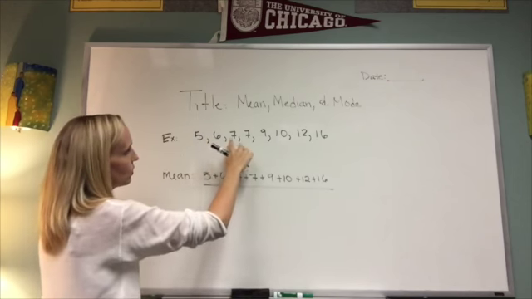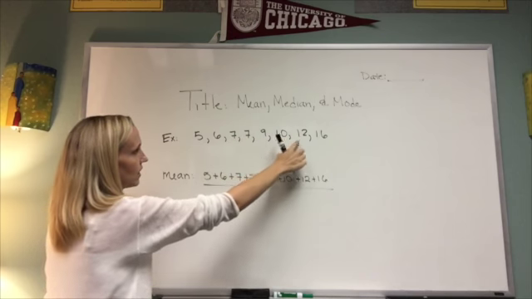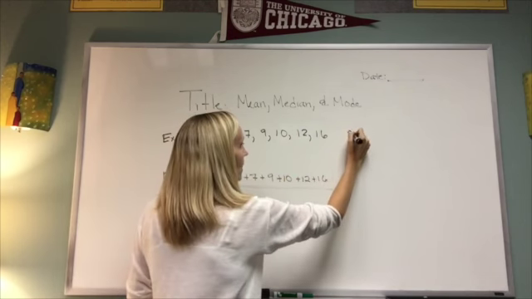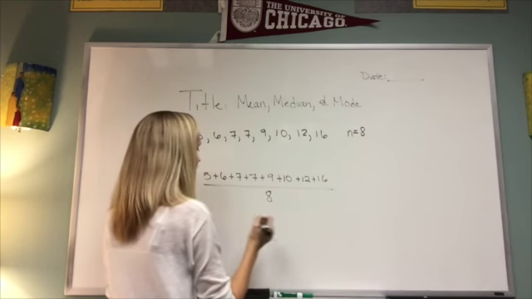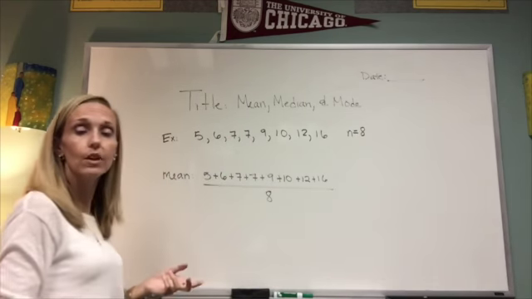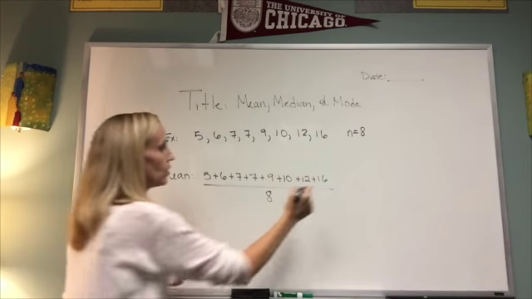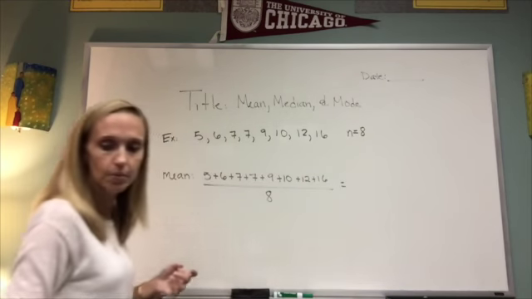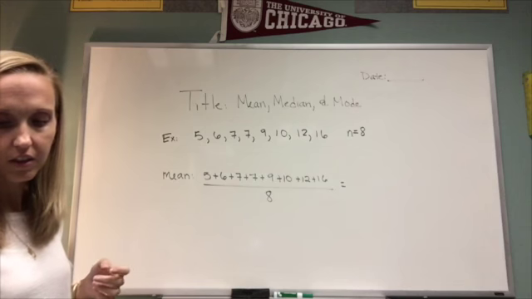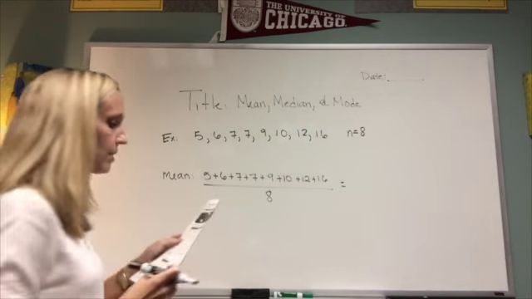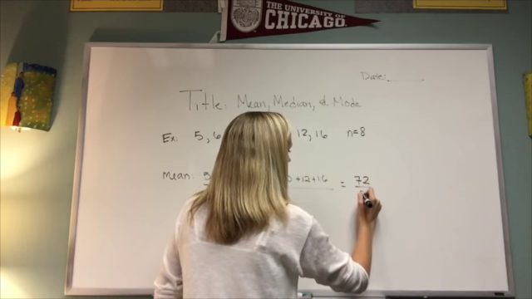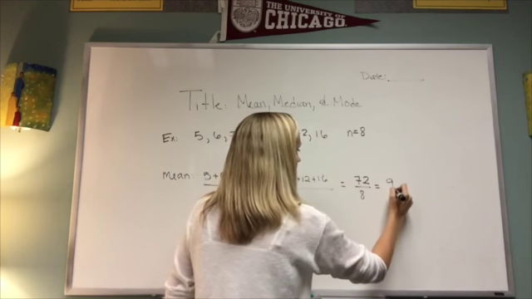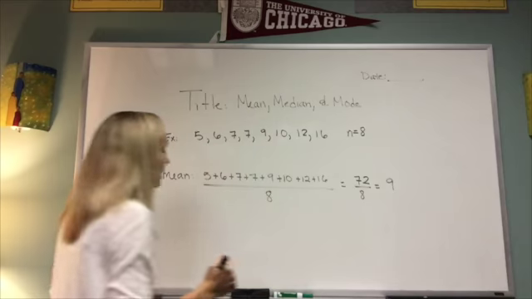So 1, 2, 3, 4, 5, 6, 7, 8. So n, my number of terms, equals 8. So I'm going to divide by 8. The good news is we usually let you guys use a calculator. So you're going to find that on the numerator, it adds up to some lovely number, specifically 72. And that you have 72 divided by 8, which is 9. So our mean is 9.